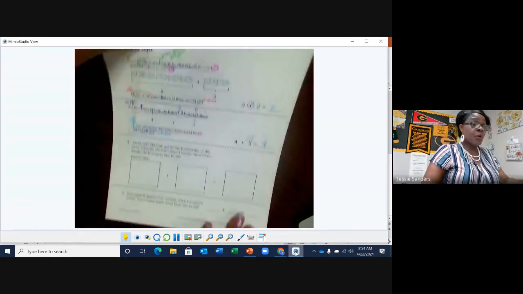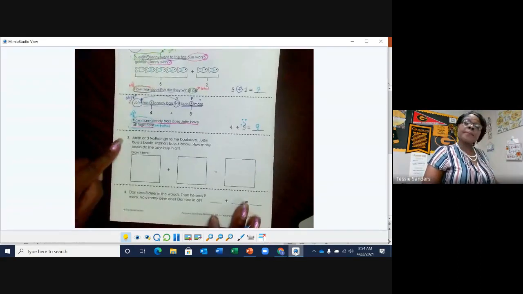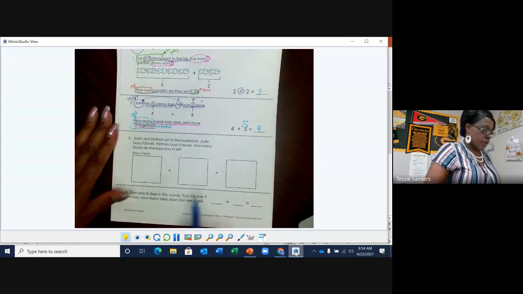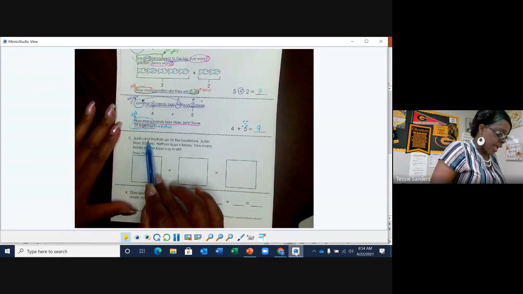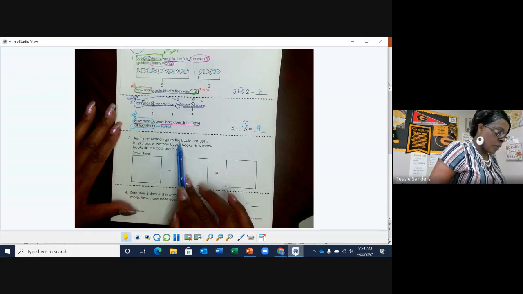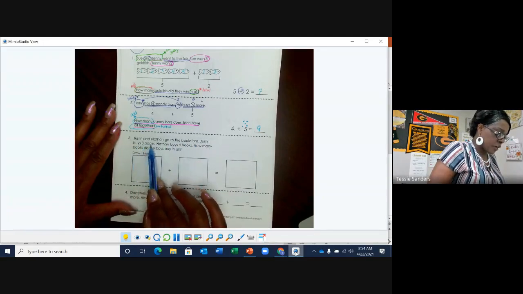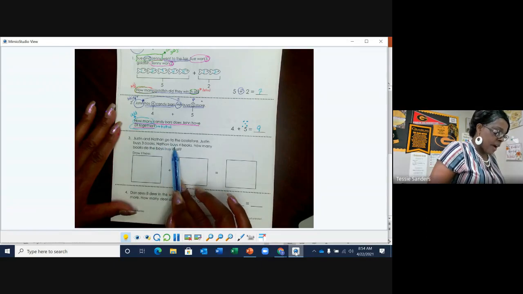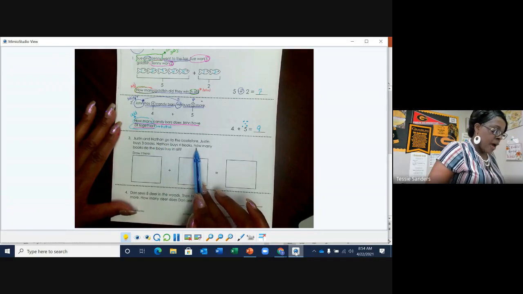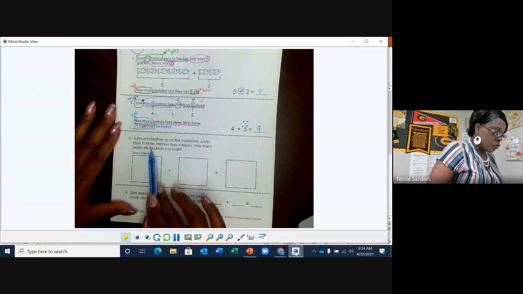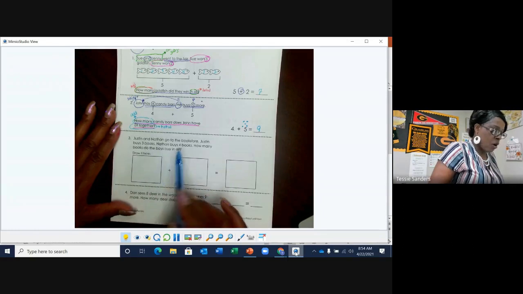Take a look at number 3. Let's read. Read. Justin and Nathan go to the bookstore. Justin buys 3 books. Nathan buys 4 books. How many books do the boys buy in all?